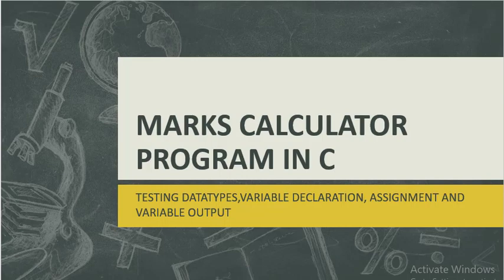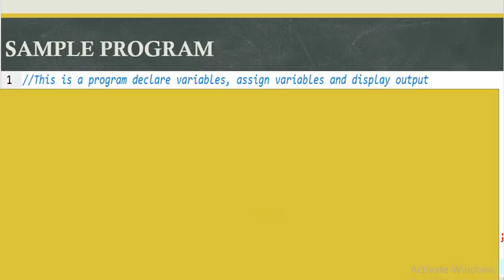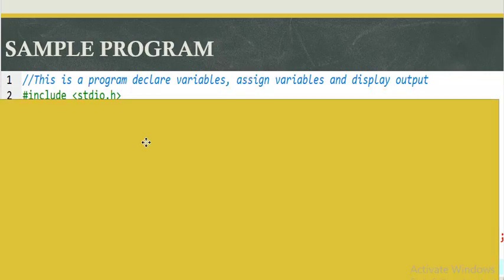So we are going to go through a particular program, understand it line by line, as well as see the output that it gives us. This is just a sample program that will emphasize how you declare variables, how you assign values to variables, and how you display an output.